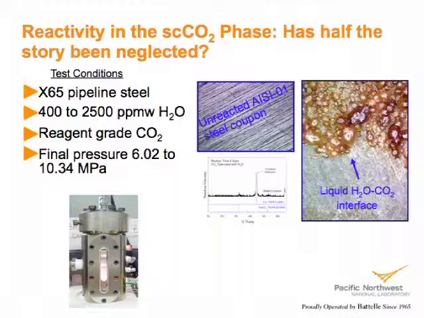But look up here, in the liquid CO2 phase. That steel coupon's corroded like crazy. That's an iron carbonate that's formed on the surface. This is just a few days at room temperature. So all the interesting chemistry is occurring up in that liquid CO2 phase where we really haven't paid much attention at all. So that's with steel.